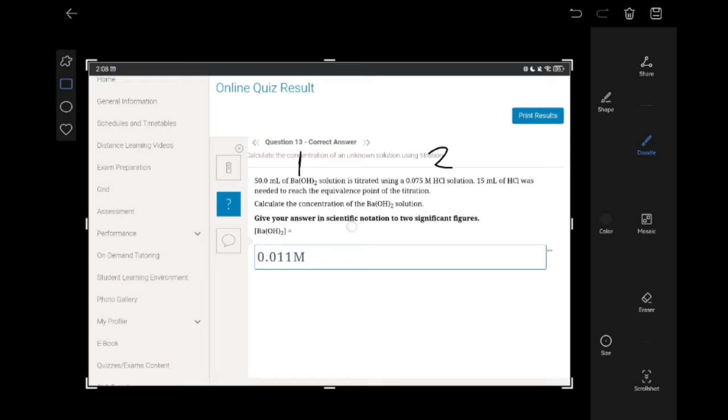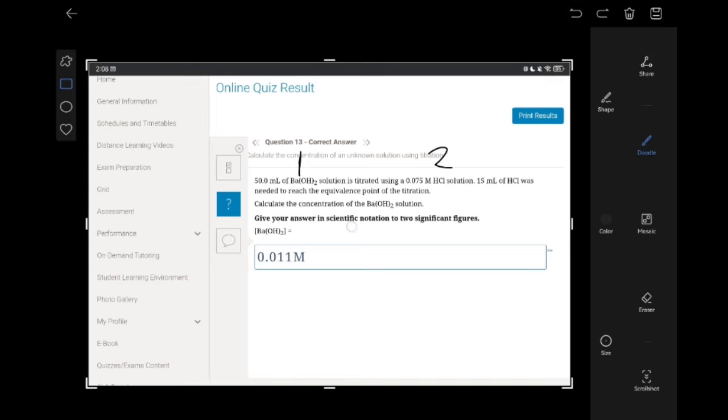So that means you can use the number of moles to your advantage now. You have these two and you're trying to find the concentration of Ba(OH)2. You have CBVB, CAVA, you can use it here. So find the number of moles here and then you can use it. You don't even need the CBVB.